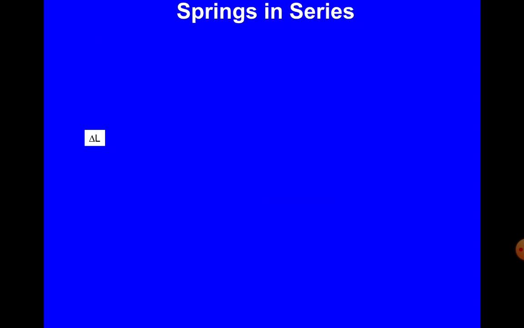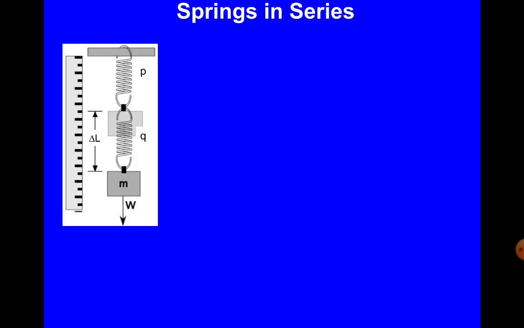What is going to happen when springs are in series? Now, look at this example. We have a weight. Now, Q is going to stretch equally as P. So, when we consider P and Q as equal springs with the same spring constant or the same stiffness, then P would stretch the same as the original, and Q is going to stretch the same as the original, so we get actually a double extension.